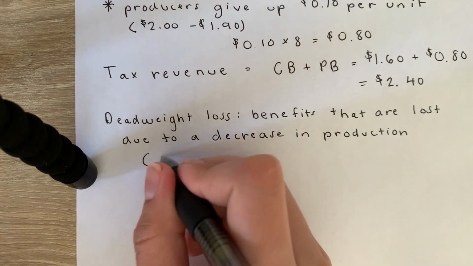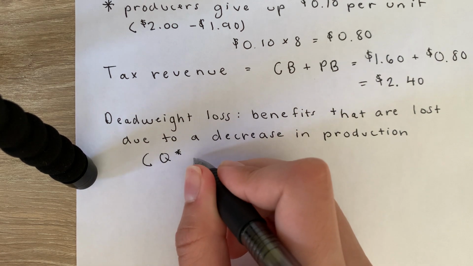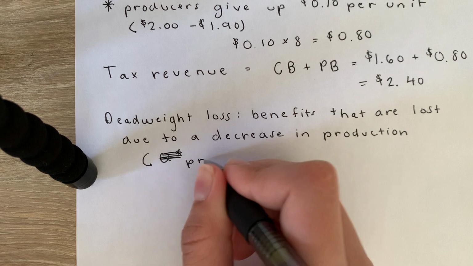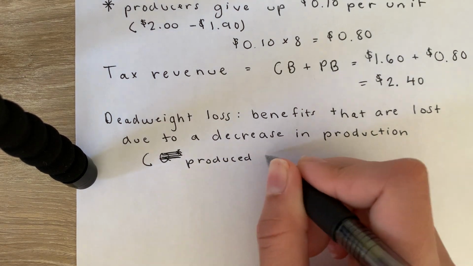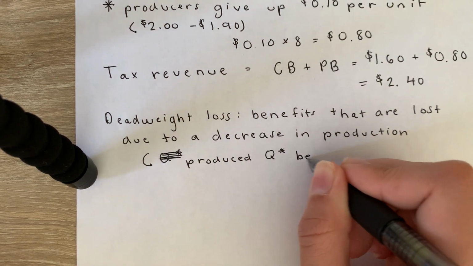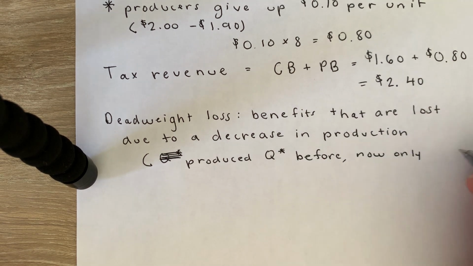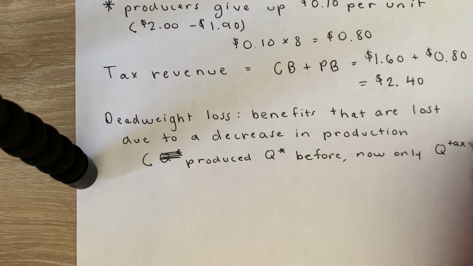So we can say we produced Q star before, now only Q tax. So we decreased a whole 2 units. We went from 10 to 8 units.